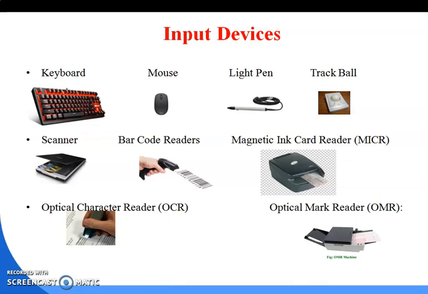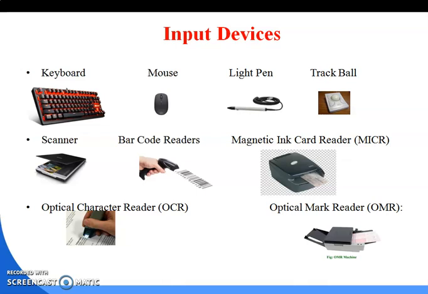Generally the standard keyboard, this type of keyboard which you see in the picture, contains 104 to 108 keys, and laptop computers use keyboards with 97 to 100 keys, including the functional keys and special keys. This keyboard is used to supply the data from the external environment to the computer system, right?